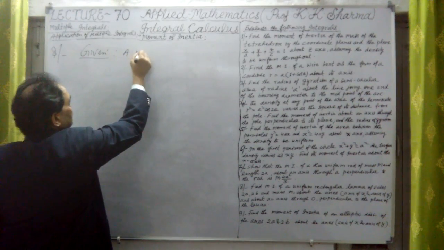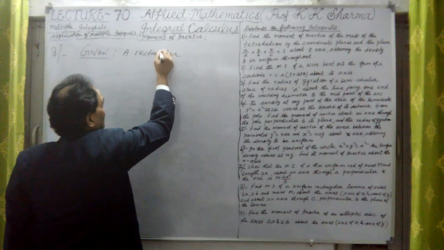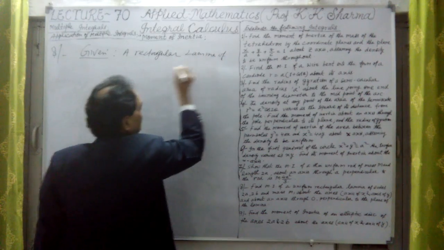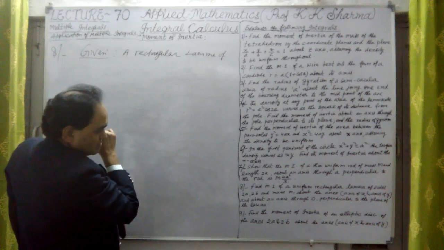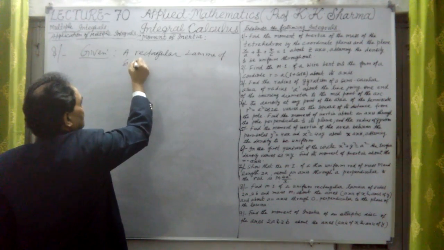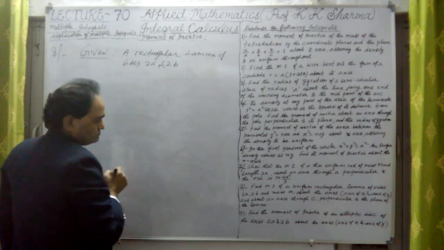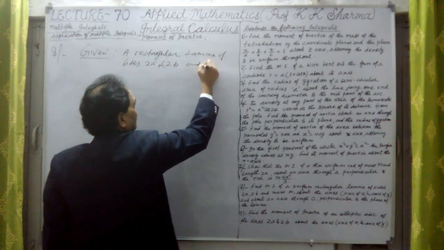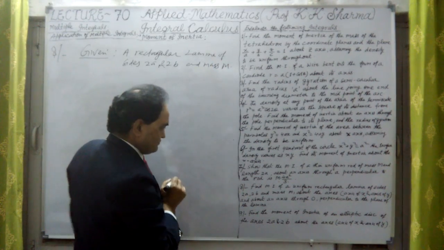A rectangular lamina of length and breadth, sides twice A and twice B respectively, and mass M capital.